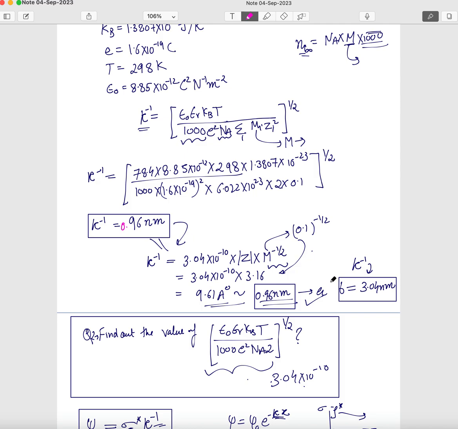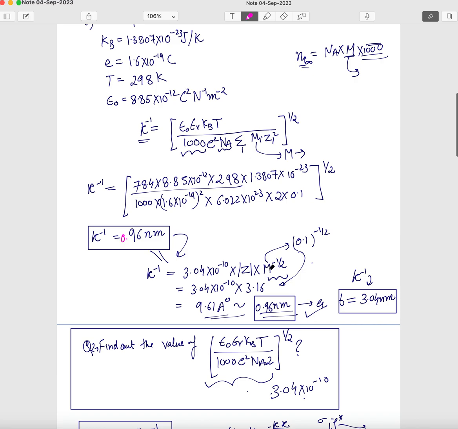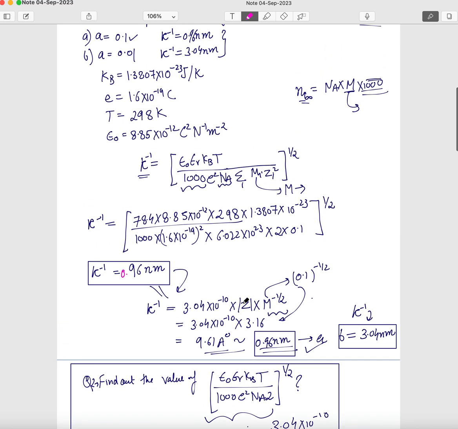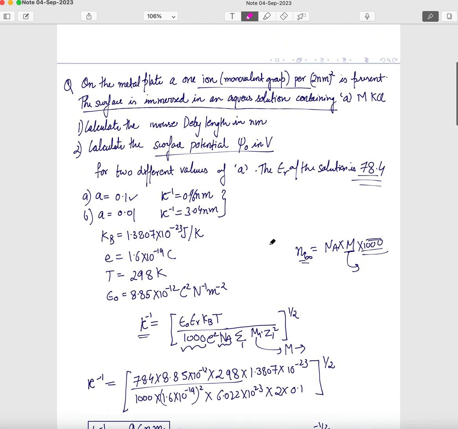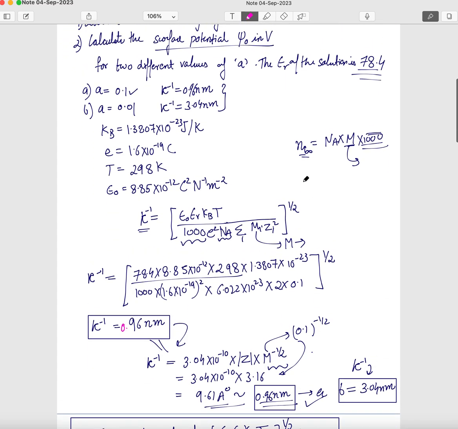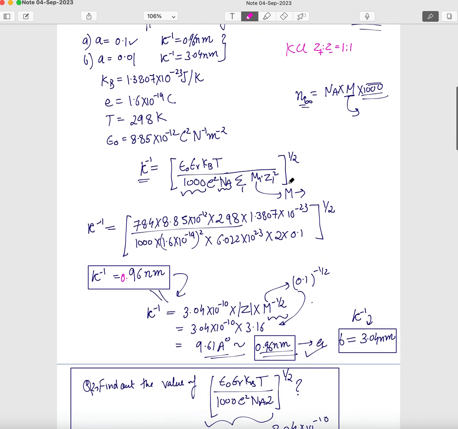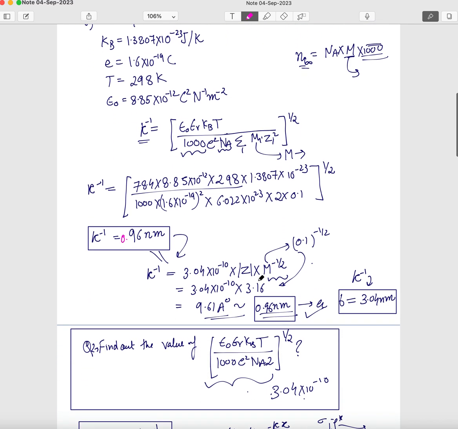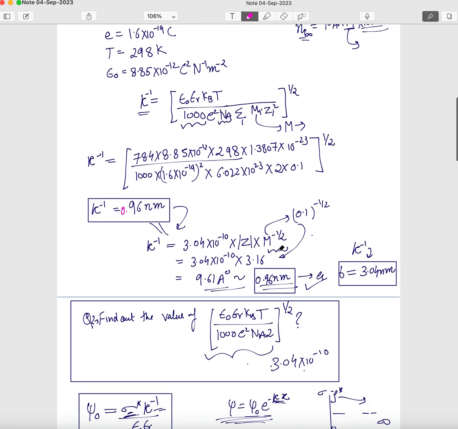For case B, we calculate it just by putting M here. Z is the same, since it is KCl. For KCl, the Z plus to Z minus ratio is 1:1. It's a symmetric solution, so Z is 1, and M here is 0.01 for the second case.